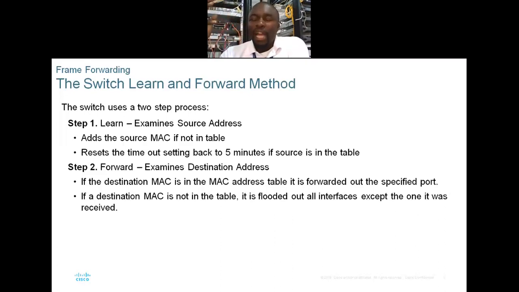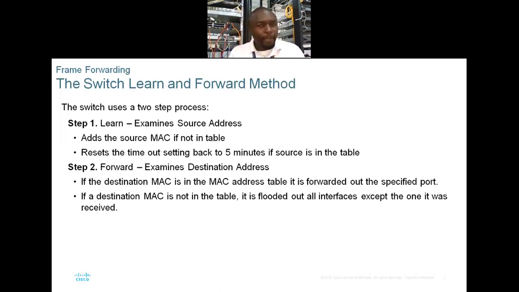So the point we're making is that when I start the switch, it has a MAC address table, but there's nothing in it. So if my laptop, my desktop, or whatever device I have connected to a particular port of the switch sends its first frame, the switch trusts the source it comes from.